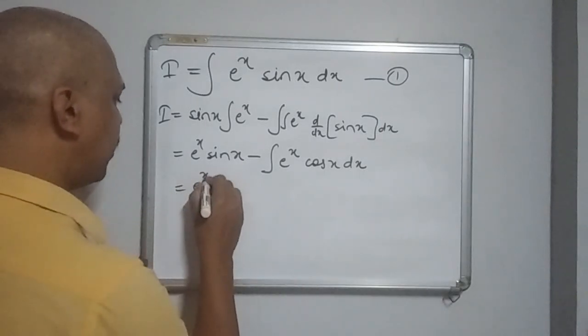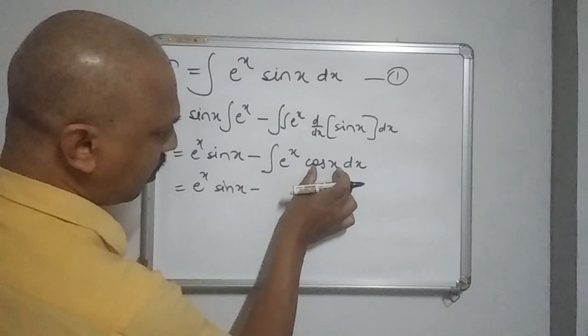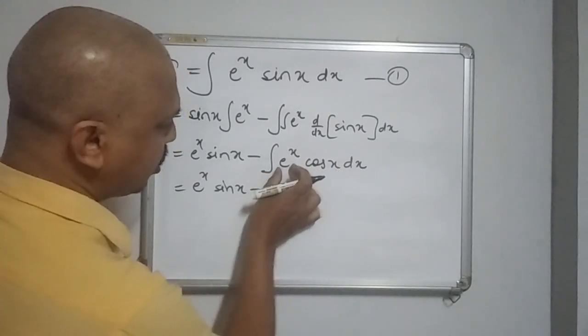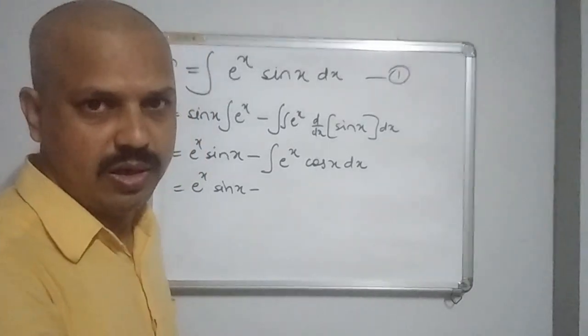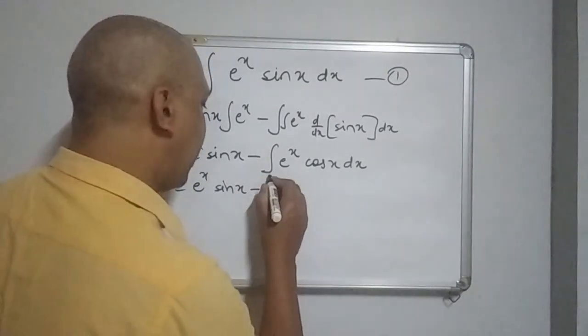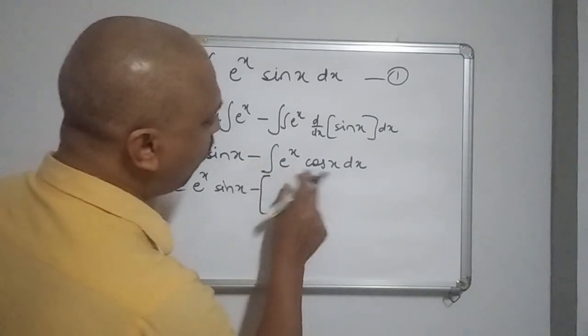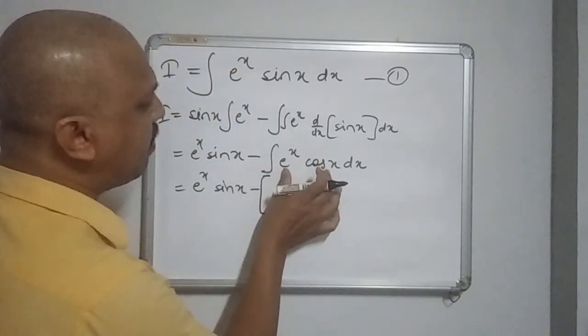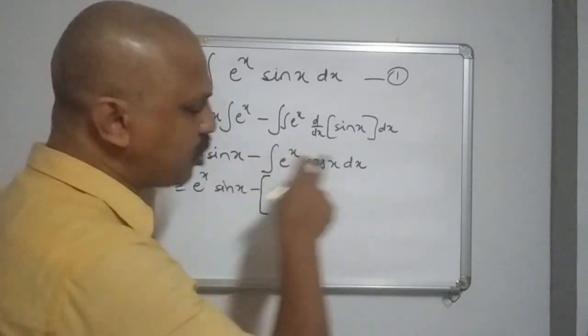This is equal to e raised to x sin x as it is, minus, again cos x is trigonometric, e raised to x is exponential, we'll use by parts again. Same logic. So I will now write in a bracket, because this minus sign, once I expand this, in every by parts problem there will be two different integrals, and this minus sign is common for both.